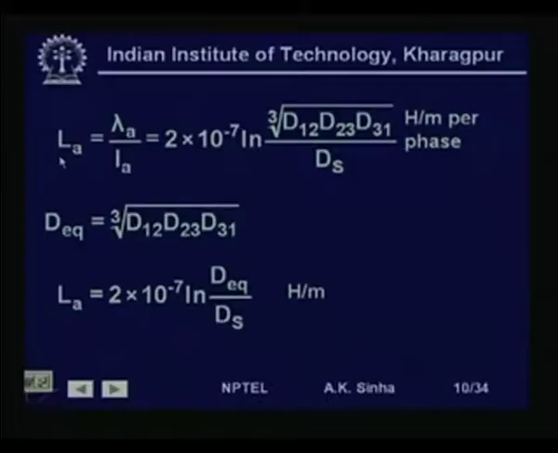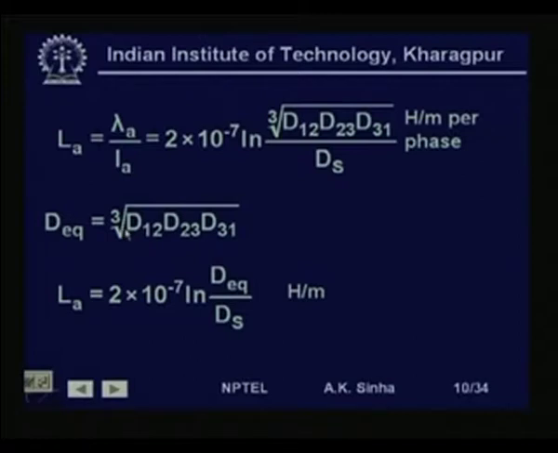Now, once we have got the average flux linkage, we can get the average inductance per meter length of the line as lambda a by I a, which turns out to be 2 into 10 to the power minus 7 ln of cube root of d 1 2 d 2 3 d 3 1 divided by d s, where the term cube root of d 1 2 into d 2 3 into d 3 1 is called the equivalent distance of the 3 phase system, that is the equivalent distance between the 3 conductors.